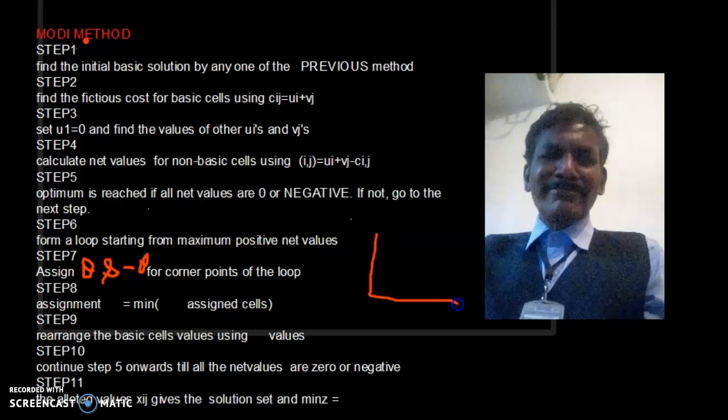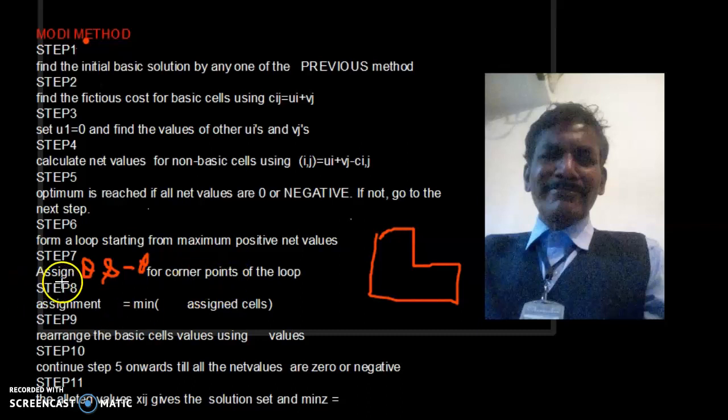We had the loop like this. At these corner points, starting from here: theta, minus theta, theta, minus theta, theta, minus theta, then theta. Like that we have to assign theta values for the corner points. Okay, that's the next step.